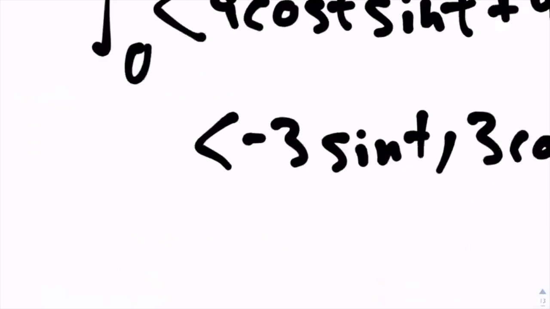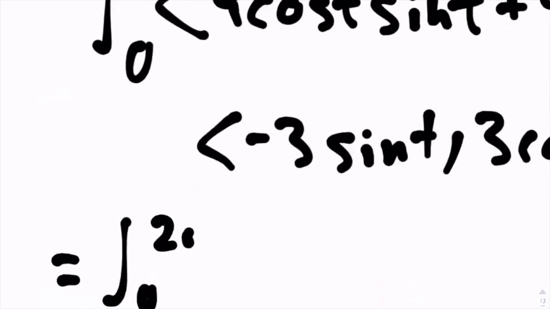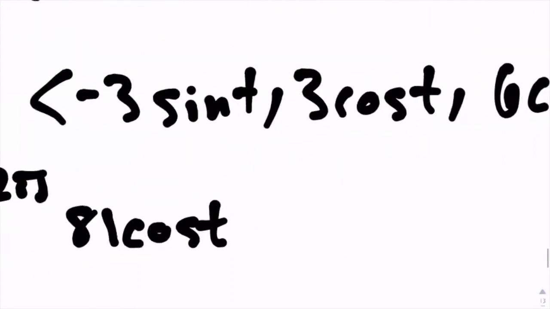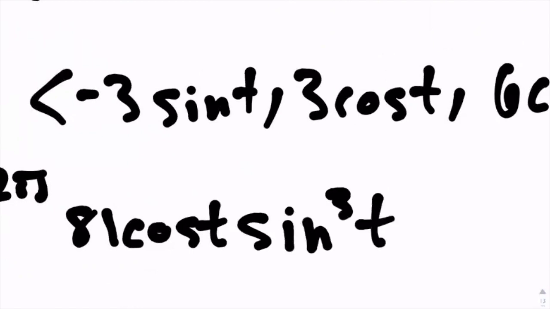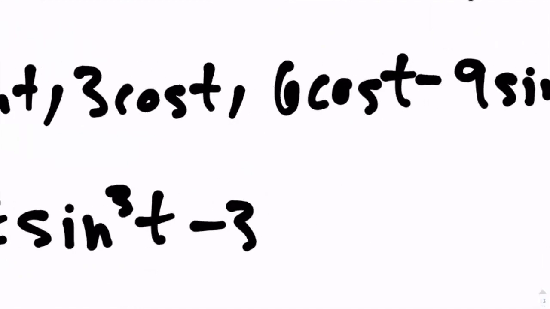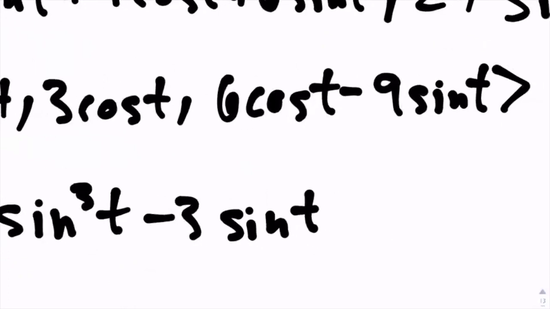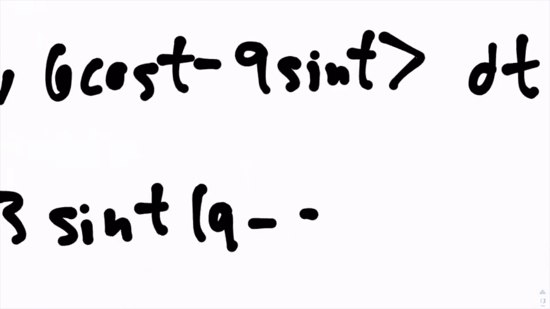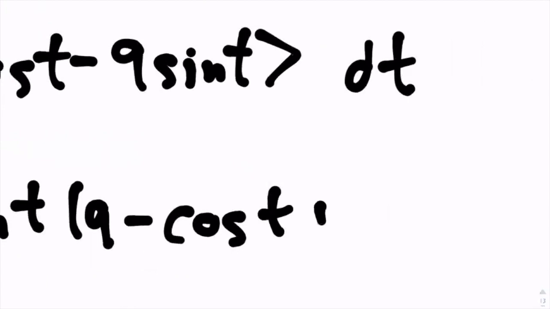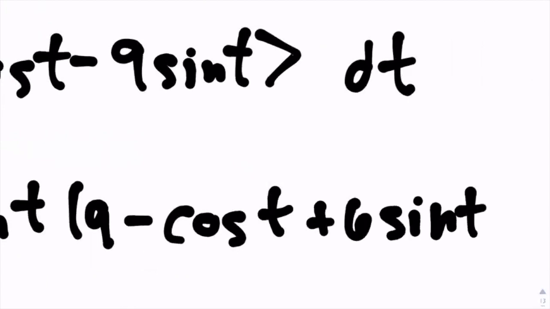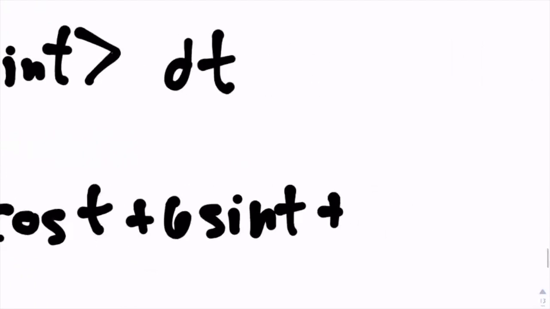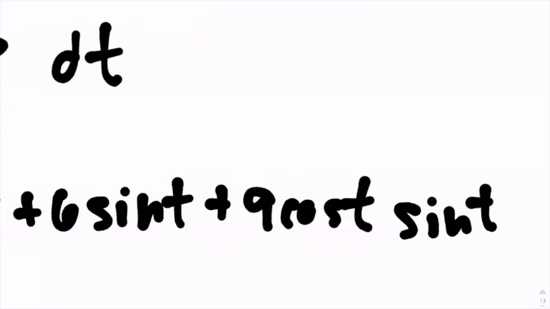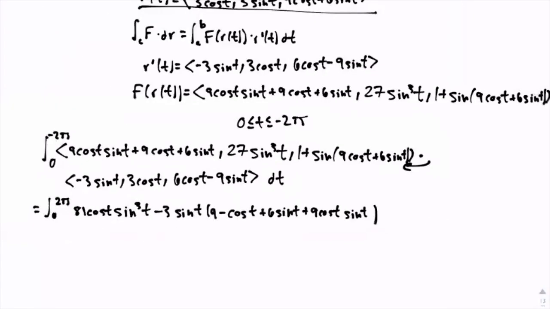When we do this, the dot product comes out to be the integral from 0 to 2 pi of 81 cosine t sine cubed t minus 3 sine t times 9 minus cosine t plus 6 sine t plus 9 cosine t sine t, and all of this is in parentheses.